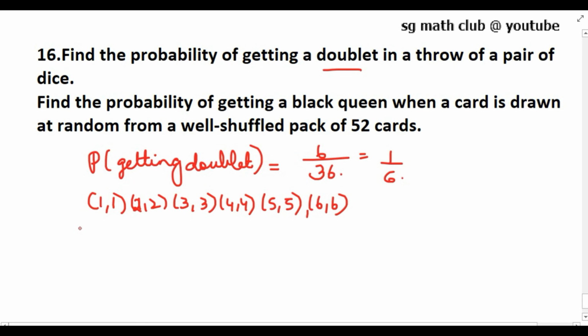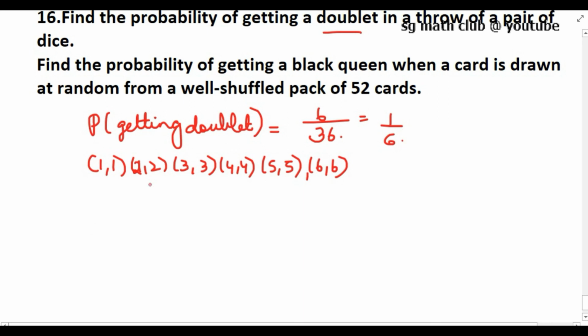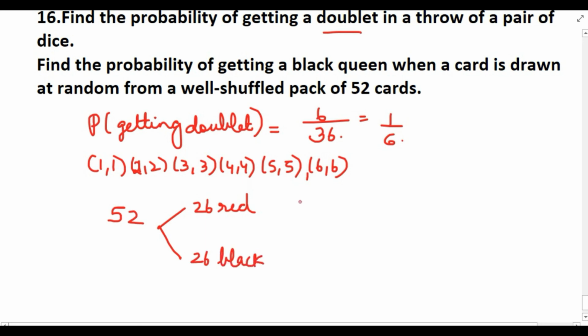Again, find the probability of getting a black queen when a card is drawn at random from a well shuffled pack of 52 cards. So total number of cards is 52. In this 52 cards, 26 are red and 26 are black. Then we have 2 suits in red and 2 suits in black. Heart and diamond come under red, they are red color cards, and club and spade will come under black.